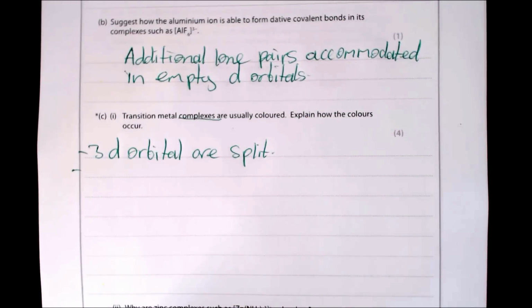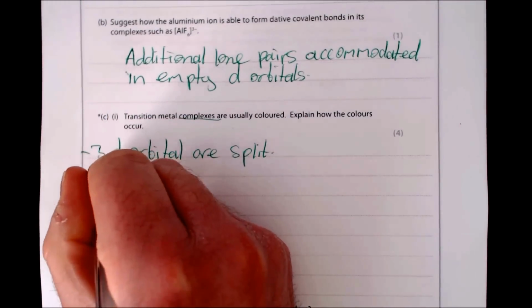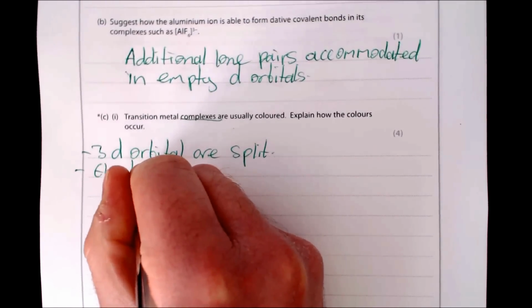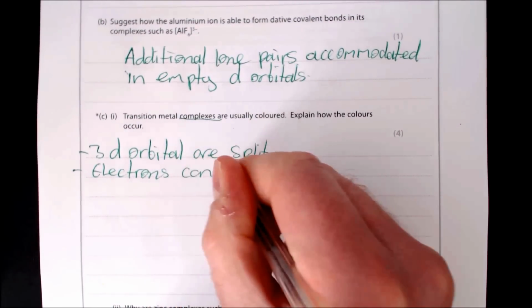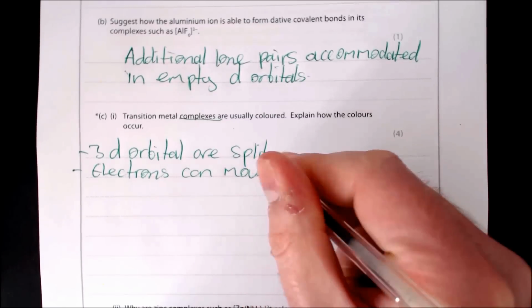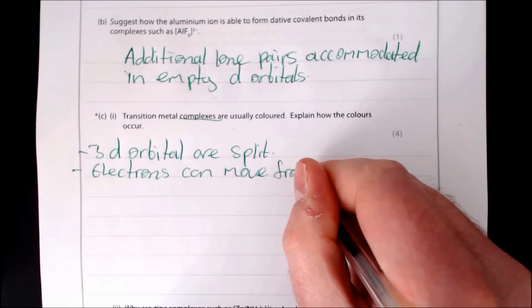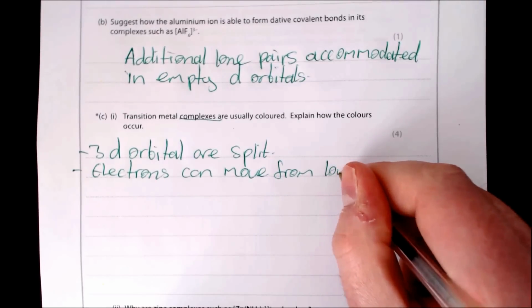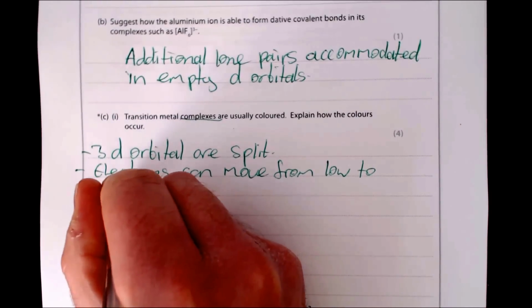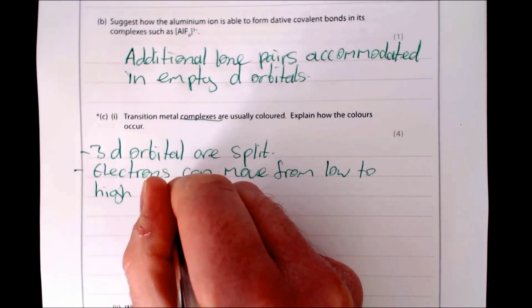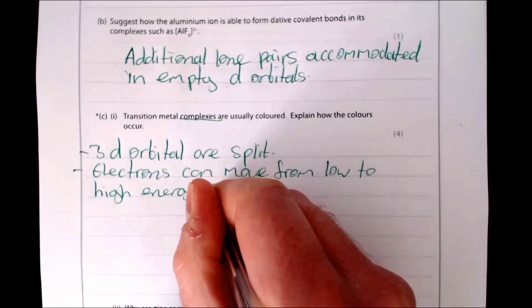And we then need to say that the electrons, like I say, can move. So let's put that there. Electrons can move from low to high energy orbitals.